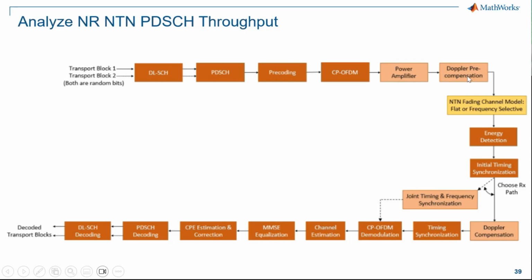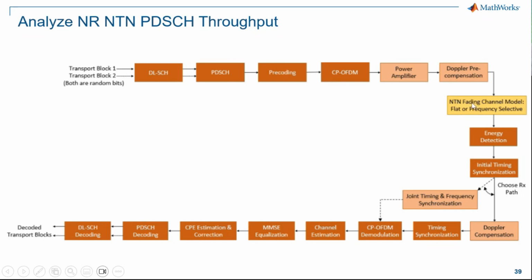And so here, just this high-level graph, in our NTN example we use these blocks from 5G Toolbox. These blocks are just modeling power amplifier, Doppler precompensation. So this is part of Communications Toolbox. We model the fading channel.